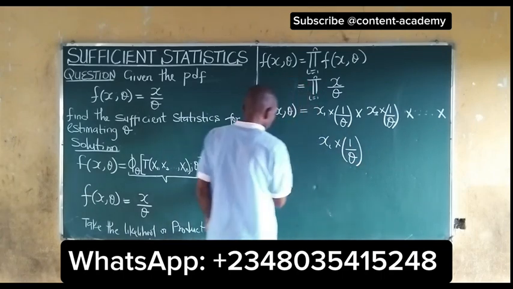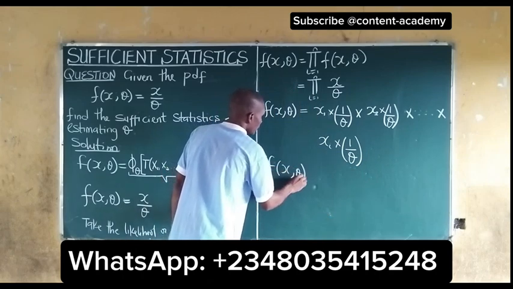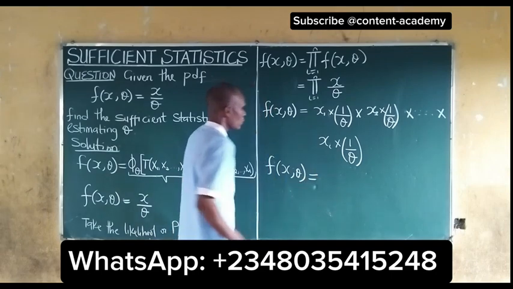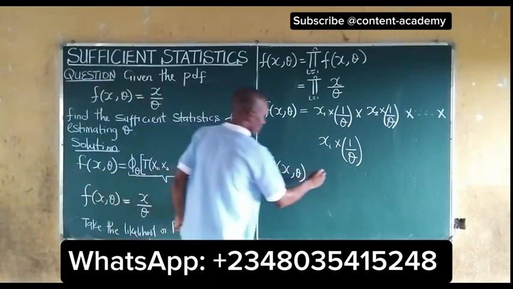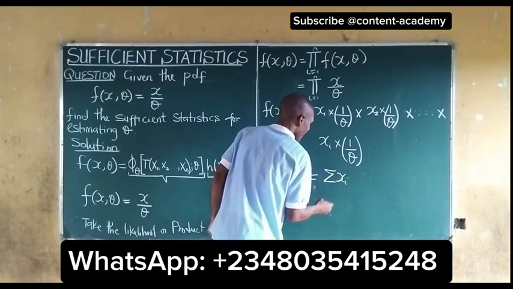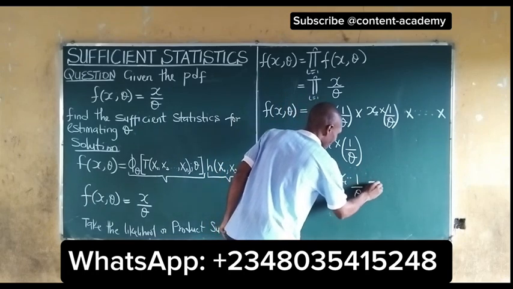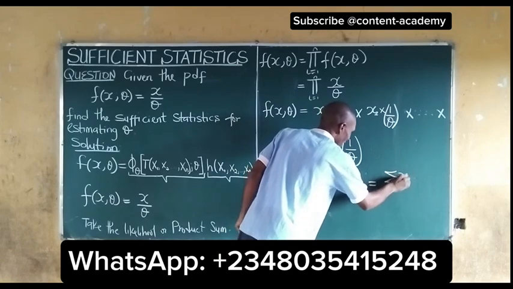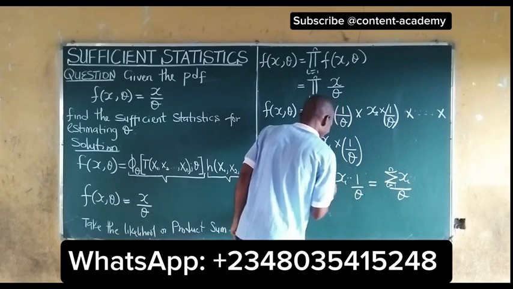So we can easily write our function to be the product of xi's multiplied by 1 all over theta, which is the same thing as the summation of xi's all over theta, as i runs from 1 to n.